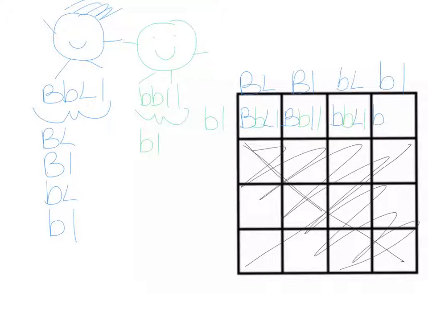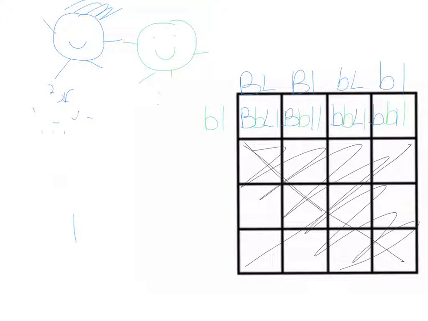It will really help you keep track of who's dominant and who's recessive. Okay, I'm going to clean this up a little bit over here just because I need some room. And we're going to have to go ahead and figure out what our phenotypic possibilities of our offspring are.